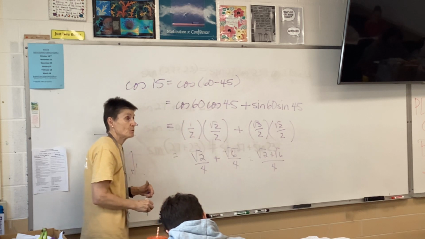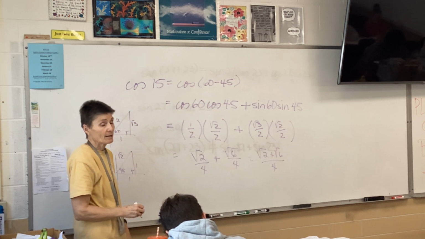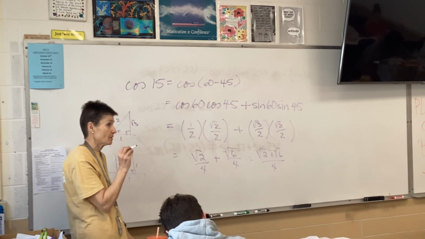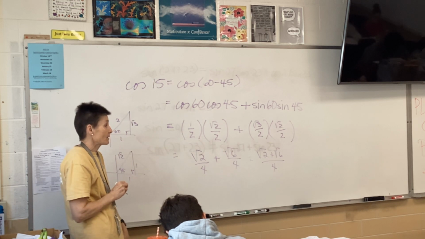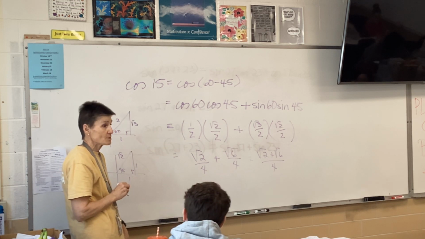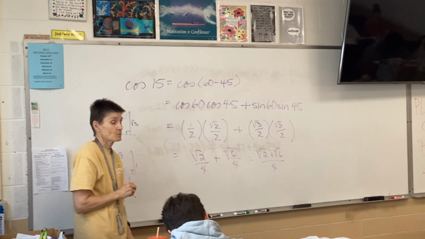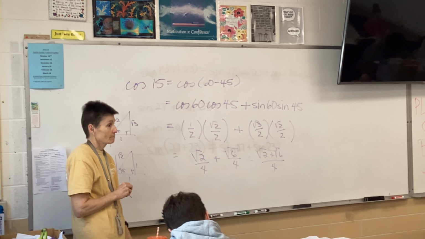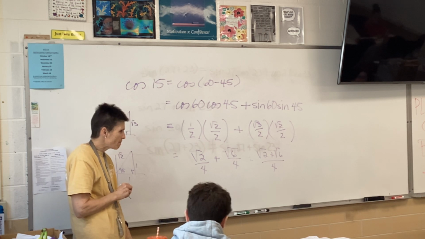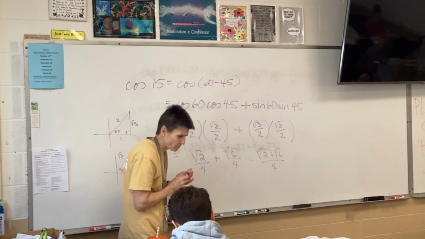Root 2 and root 6 do not add. They don't have the same radicand. They don't have the same number underneath. So therefore, the exact cosine of 15 is root 2 plus root 6 over 4. That's not too hard, is it? Let's try the next one.